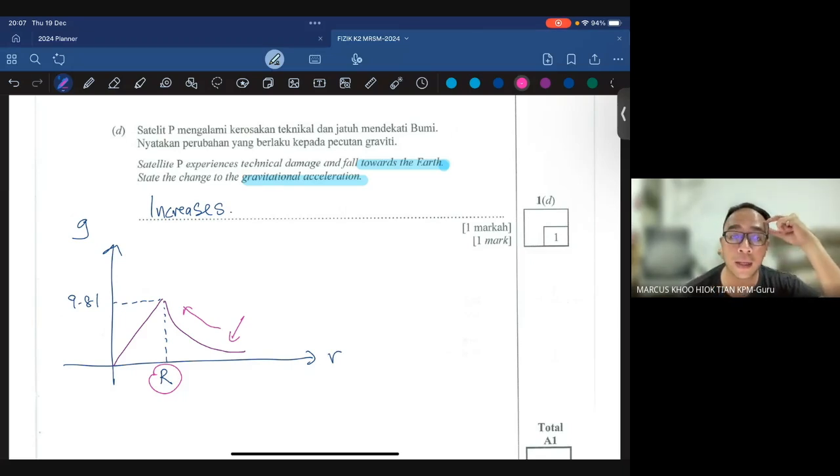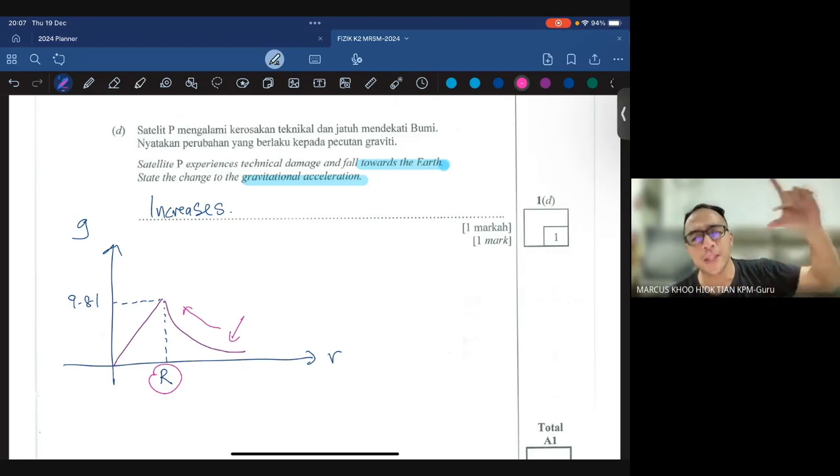Probably a common misconception, which is not really a misconception, is we always think that gravitational acceleration is a constant, sure, 9.81. But in actual fact, even if you move a little bit away from the Earth, the gravitational acceleration changes. It's a very small change. But we come back to this graph, which explains why the gravitational acceleration increases. If it is the gravitational field strength, this is a different story altogether.